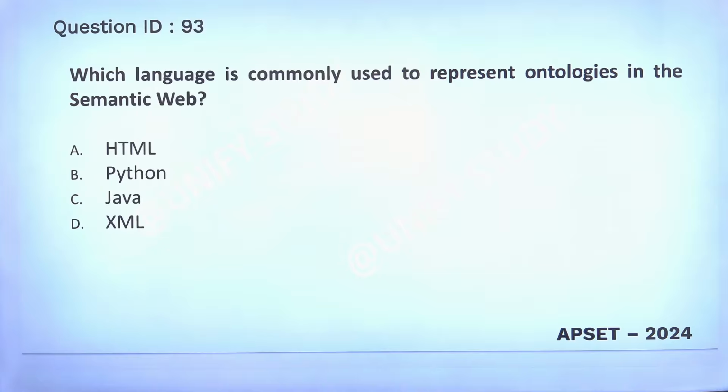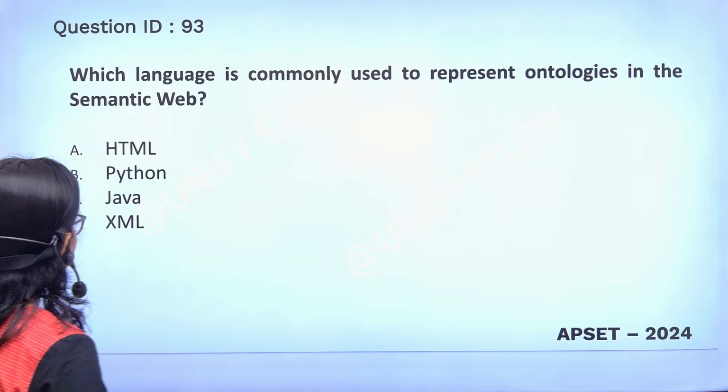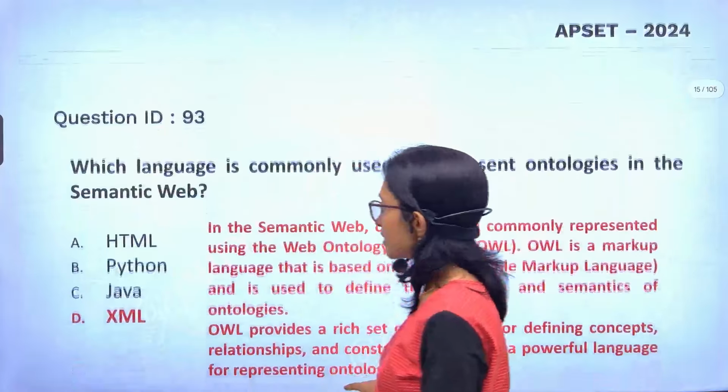Which language is commonly used to represent ontologies in the semantic web? That is XML. Here we are using XML.